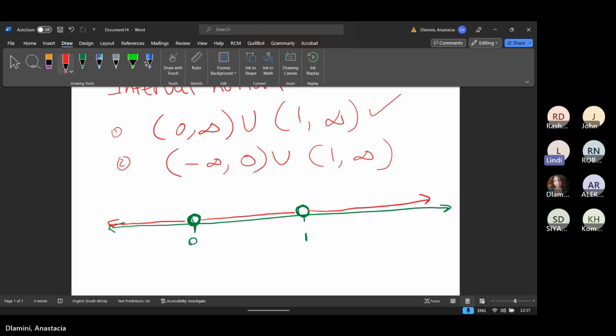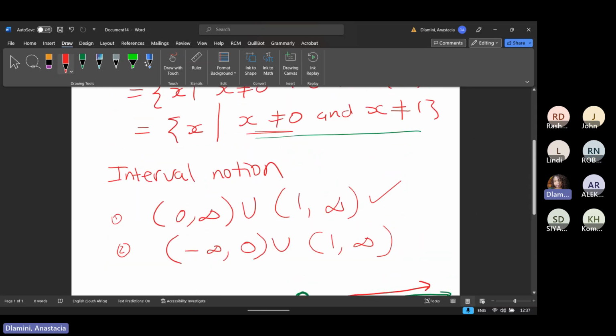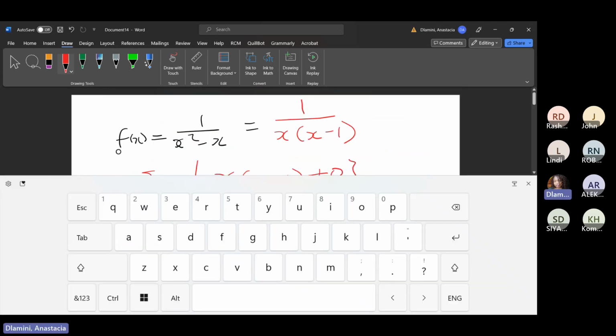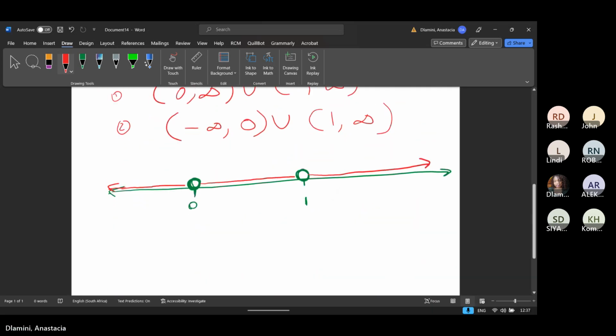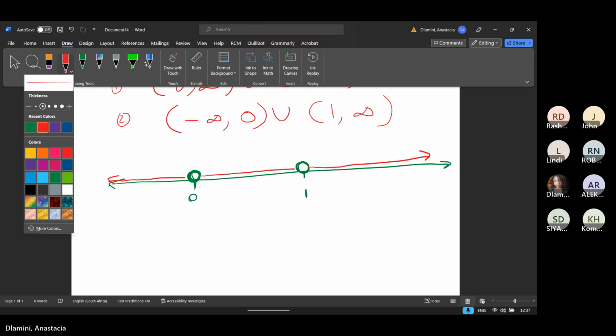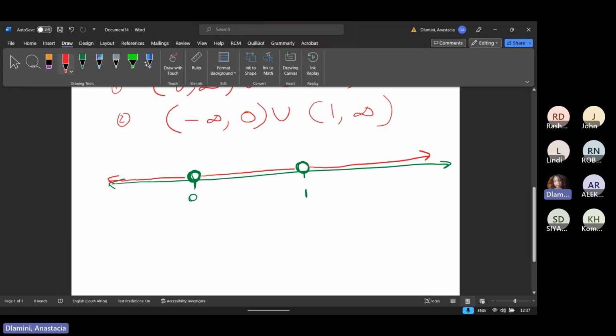Guys? Yes. I took it from here, x not equal to 0 and x not equal to 1. So that's why we have open brackets there. So can someone read where the red line is, and then do the interval notation for this particular domain?